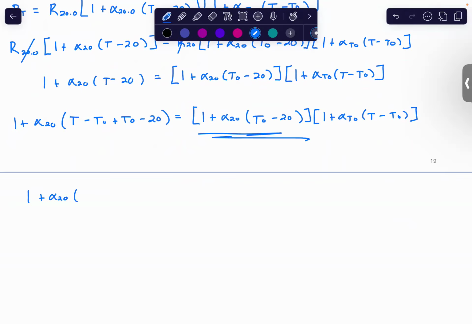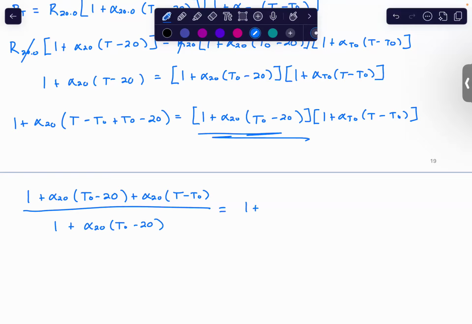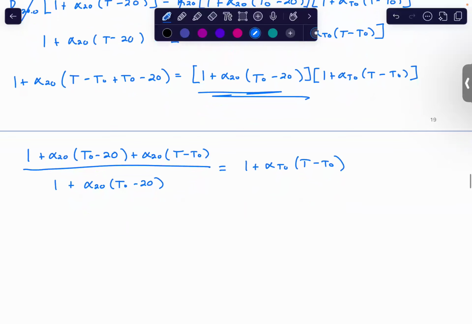And then I can split this center section up. Now on the left, I have to split the fraction.